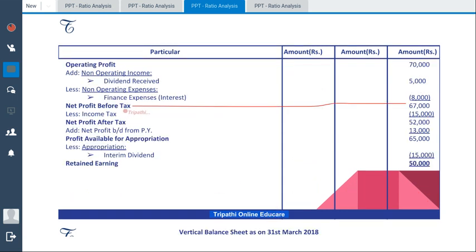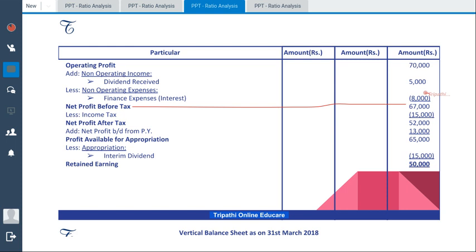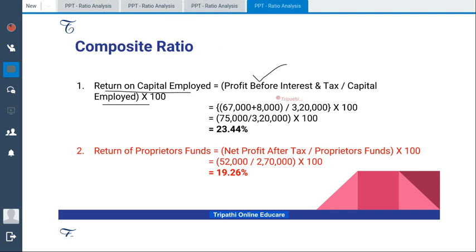Now if you see, we have profit before tax, 67,000, and if we are looking for profit before interest and tax, that means we will have to add 8,000 into this. So 67,000 plus 8,000 will give you profit before interest and tax.